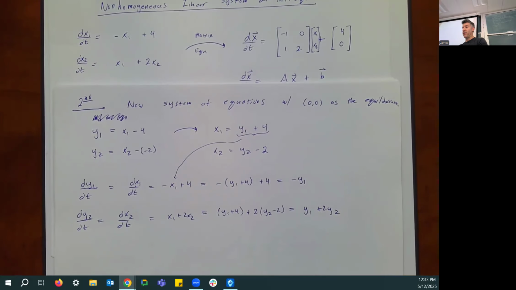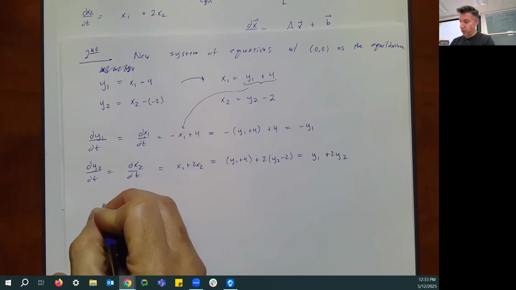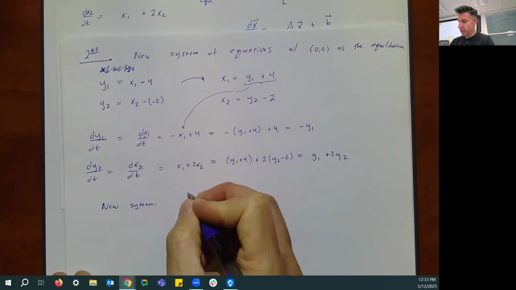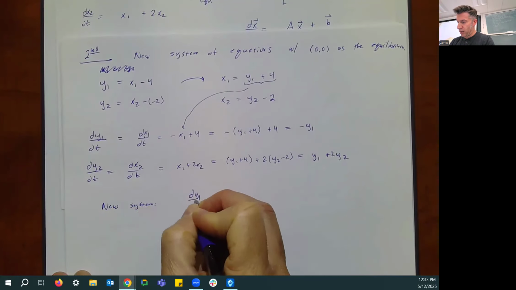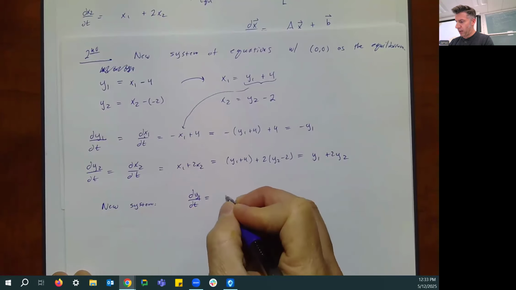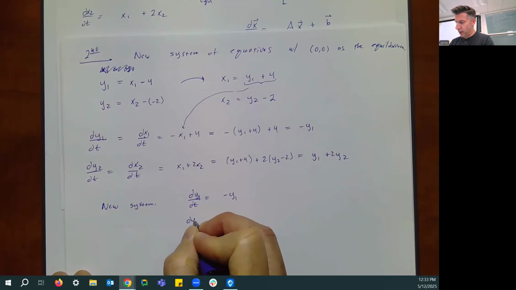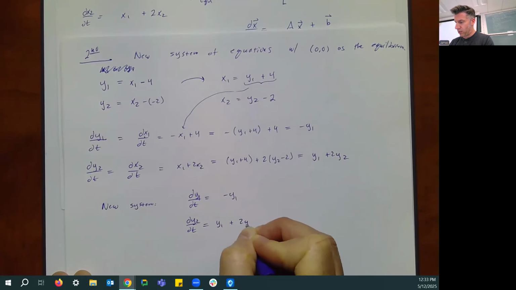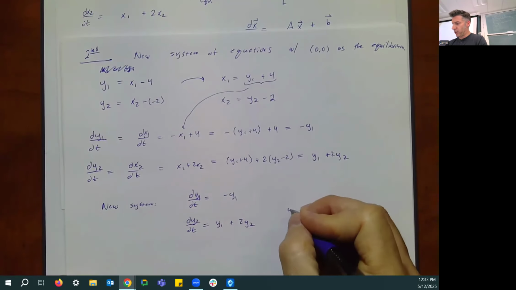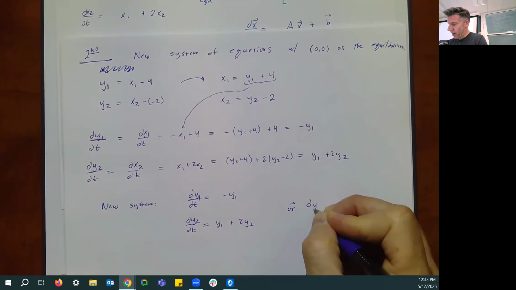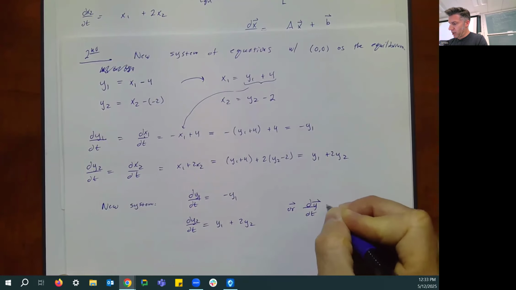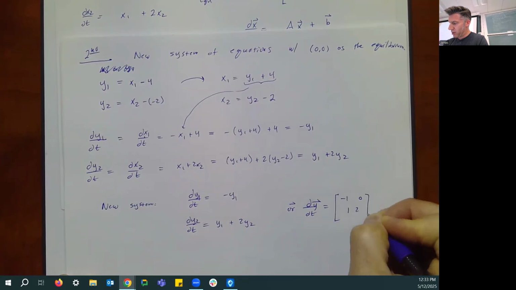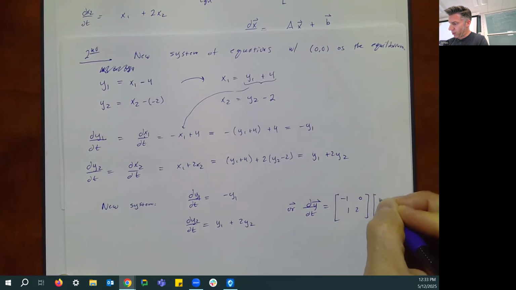So now we have a new system, which is dy1/dt equal to negative y1 and dy2/dt equal to y1 plus 2y2, or written as the matrix equation dy/dt equal to the matrix A, negative 1, 0, 1, 2, times the vector y1, y2.